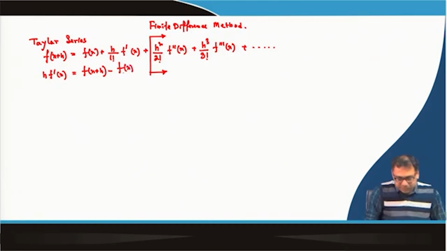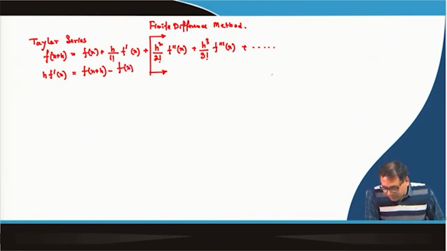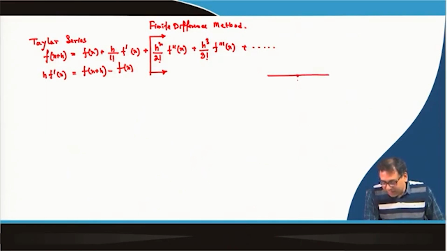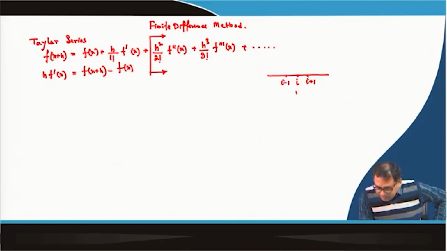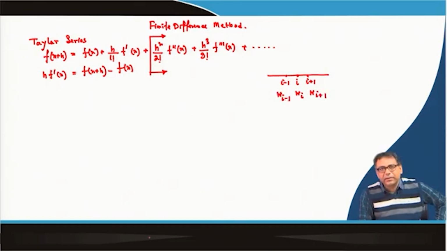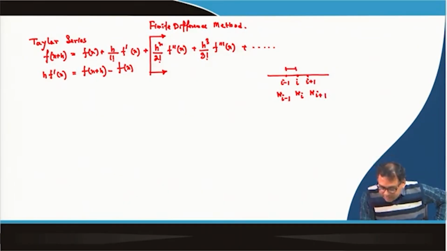I can write that h f dash x is equal to f of x plus h minus f of x. Now suppose you have a beam and at this point, called the ith point, this is the I plus 1 point, this is the I minus 1 point, and at the ith point your deflection is w i, at the I plus 1 point your deflection is w i plus 1, and here deflection is w i minus 1, and the distance between these nodes or points is h.